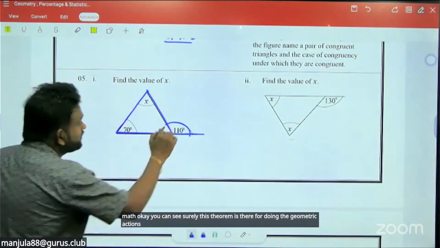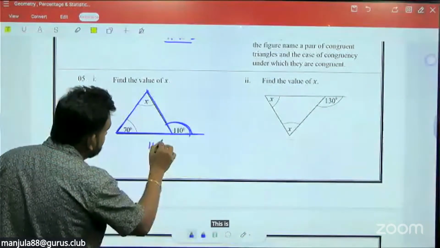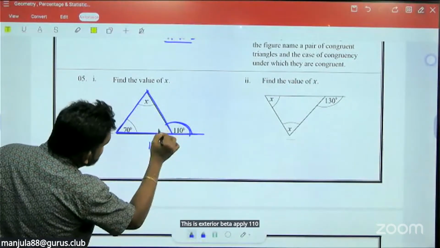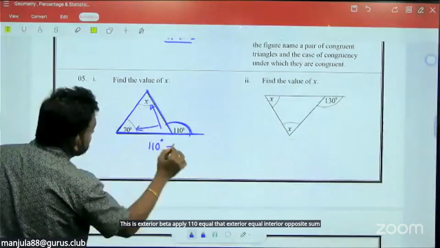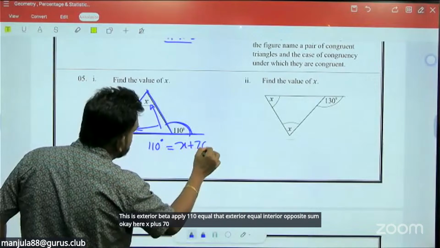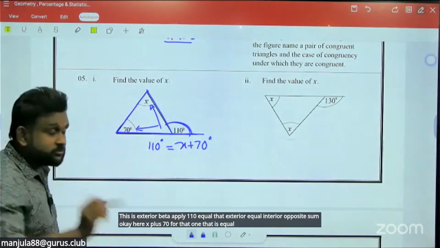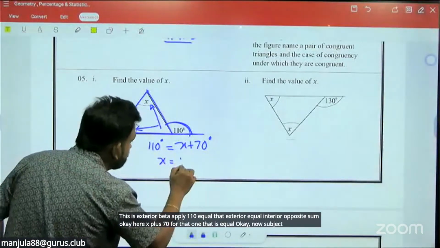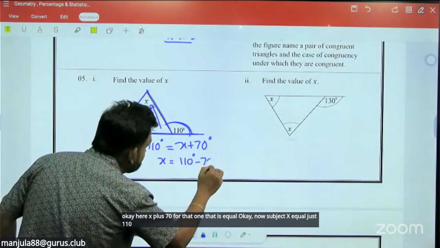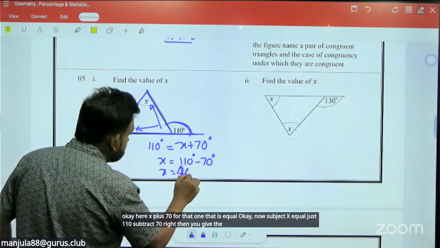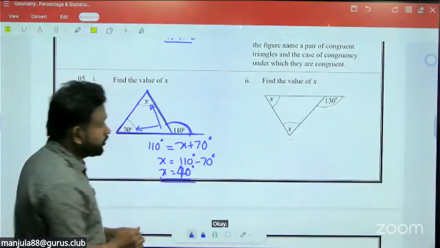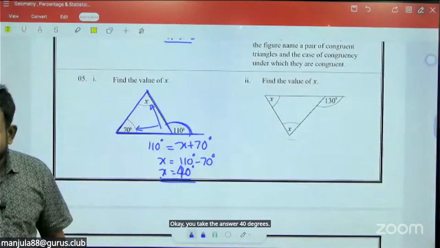So apply the exterior angle: 110 equals the sum of the interior opposite angles, x plus 70. Now make x the subject: x equals 110 minus 70. Then you give the answer as 40 degrees. Take the answer 40 degrees.